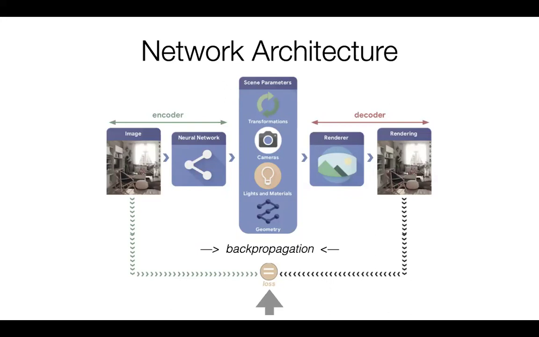But then if you want to do self-supervised learning, we want to be able to, from those parameters, generate with a renderer an image that is the same as that, and we compare that image, the real image, with the image that came from the model. And when these are the same, the system has learned, right? And for that, we need to do backpropagation from both sides. To do backpropagation from the neural network, we know how to do it, right? But to do backpropagation from the render side, the renderer has to be differentiable.